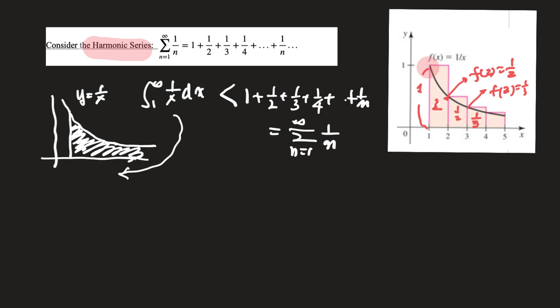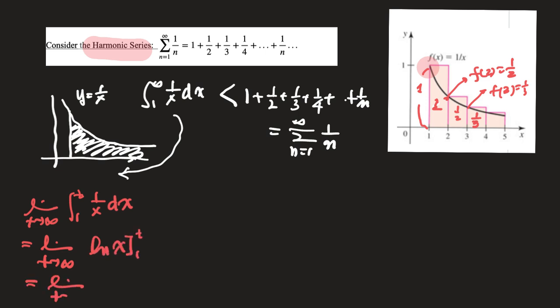Same thing we did here. Limit t approaches infinity of the integral from 1 to t of 1 over x dx. This is the limit as t approaches infinity of ln x from 1 to t, which is ln t minus ln 1. ln t goes to infinity as t approaches infinity, which diverges, meaning it keeps increasing.